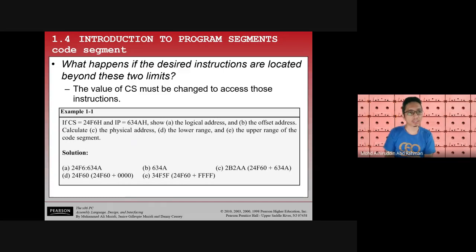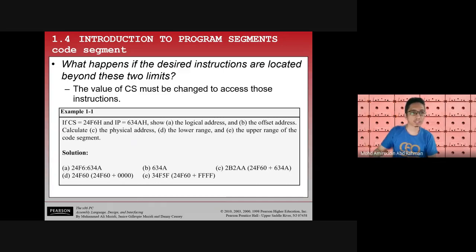So we look at the example. If CS is 24F6 and IP is 634A, we need to show the logical address.